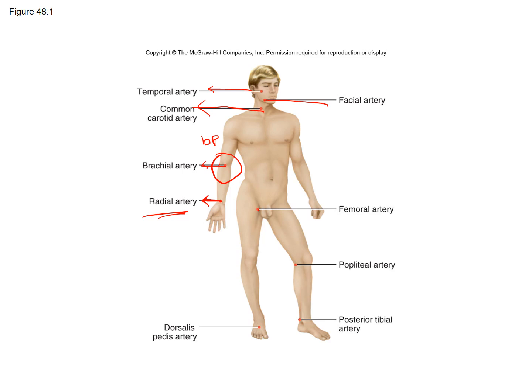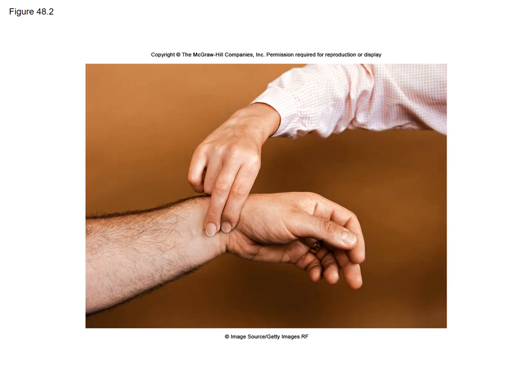All those places can feel the pulse, but the most common, this is how you measure the pulse with 2 fingers. It's next to the styloid process of the radius. You just find the groove at the side, try to feel the pulse, and count for 1 minute.